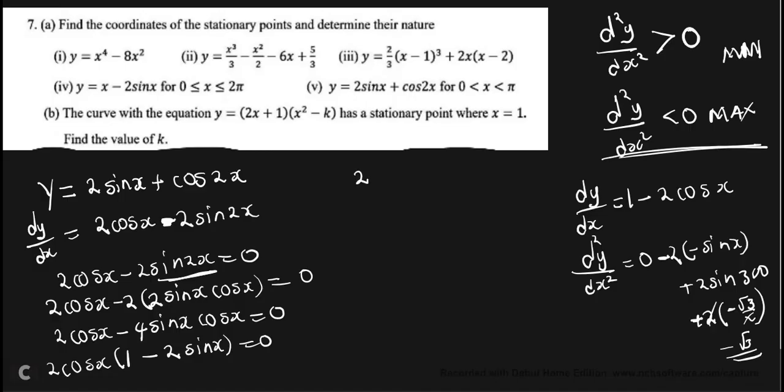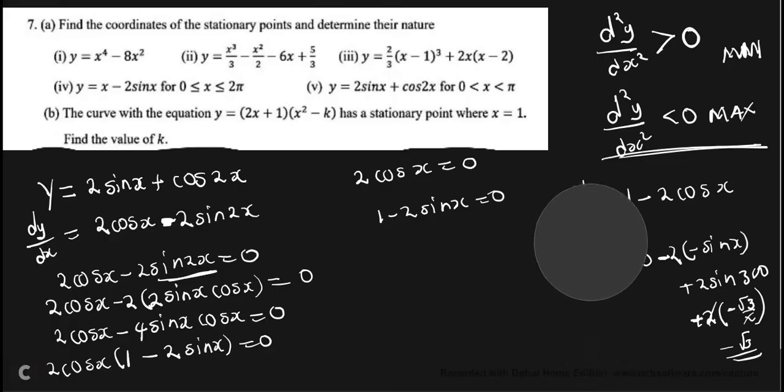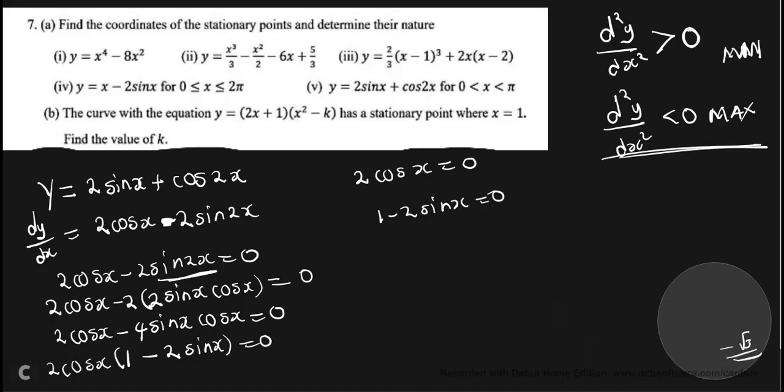Then 2 cos x equals 0, and the other one is 1 minus 2 sine x equals 0. This part I've equated to 0, and this part again I've equated to 0.